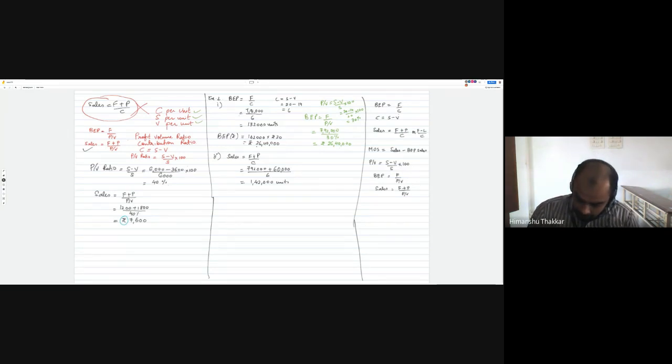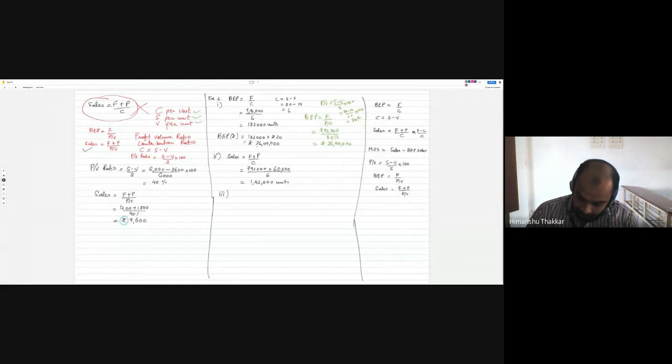The third point. What do they ask you in the third point? They want you to find out the new break-even point if your selling price is reduced by 10%.